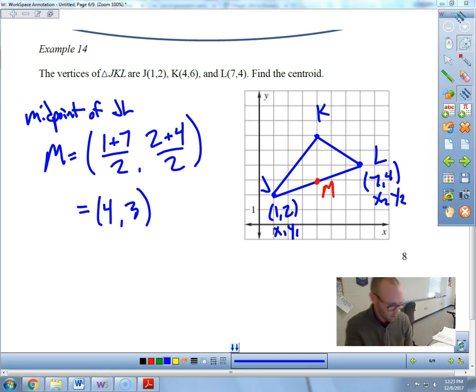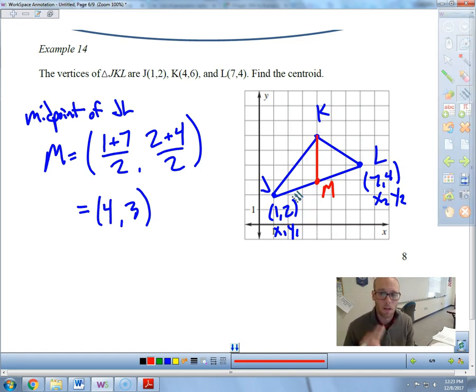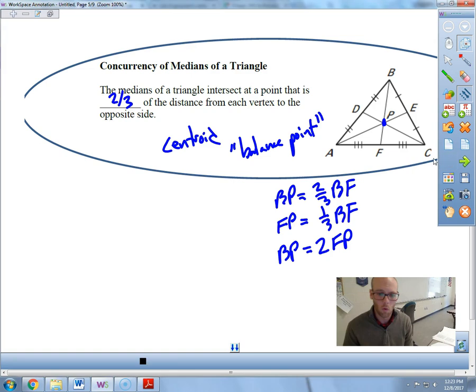Okay, so let's draw in my median. Midpoint, opposite vertex. So I know my centroid is somewhere on that median. Now I have a couple options here. I could find the midpoint of the other sides and find where they cross, or I could remember the relationships that we have here. That the centroid is 2/3 the distance from the vertex to the opposite midpoint.